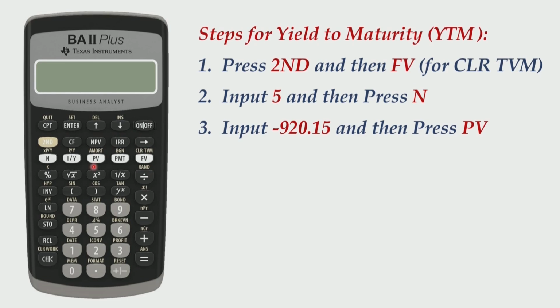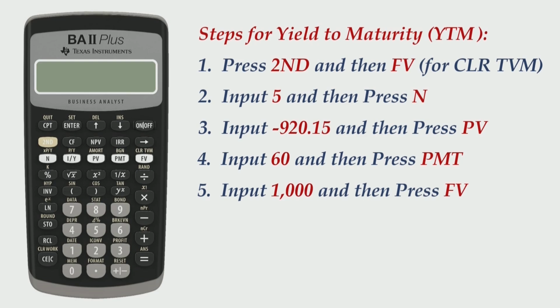In that case PV has to be the negative value. Keep this caution. By mistake, don't just input 920.15 as PV. You must input negative 920.15 and then press PV. Thereafter, other things, input 60 and then press PMT for annual coupon payment. Then input 1000 and then press FV.